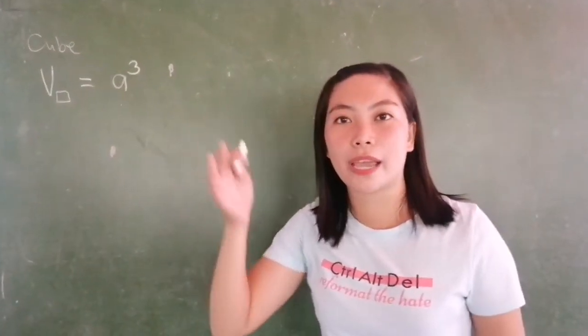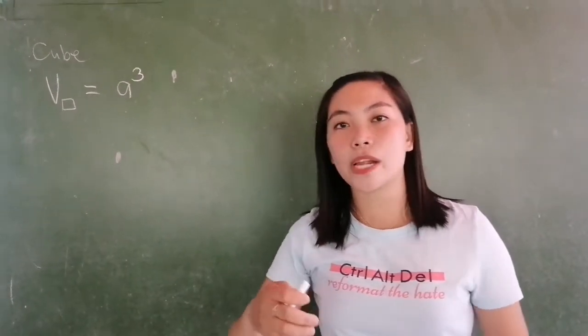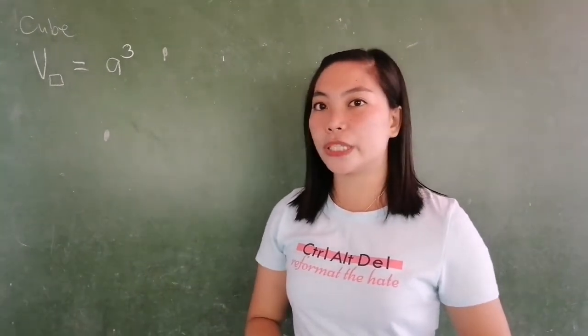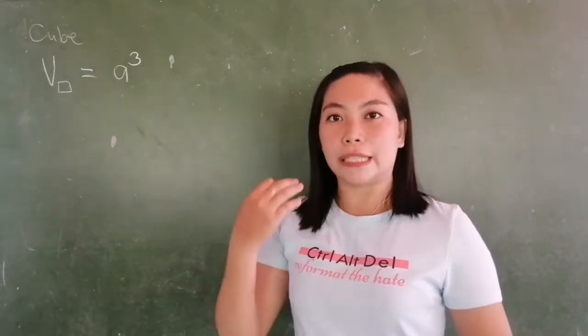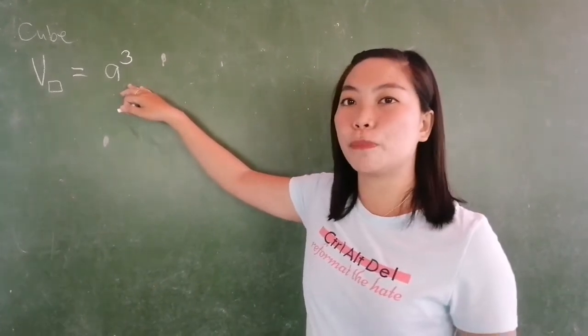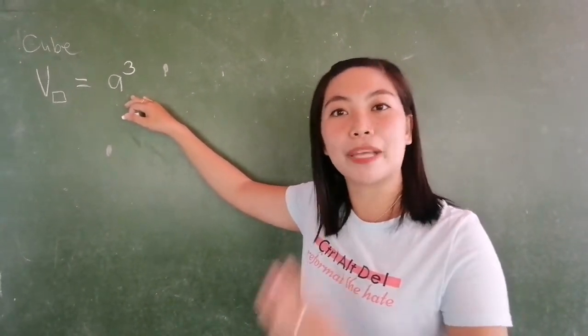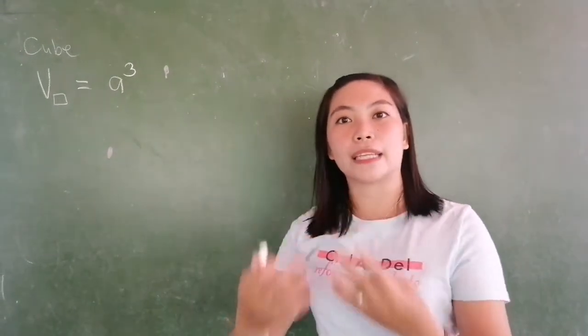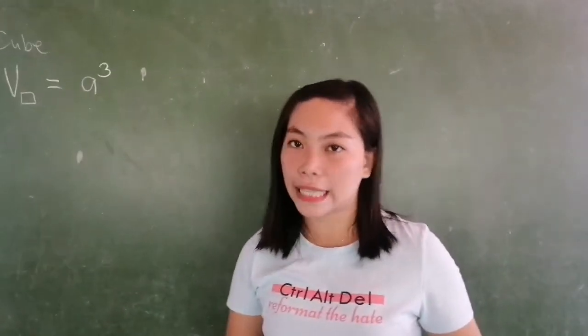Yung kanina po sa area natin ng square, i-square lamang po natin or i-multiply natin by itself whatever the dimension, the measurement of the side of a square. Ngayon naman po, yung cube naman, whatever the measurement of its side, i-multiply natin ito by itself 3 times.